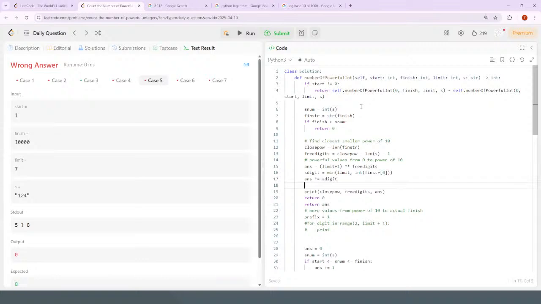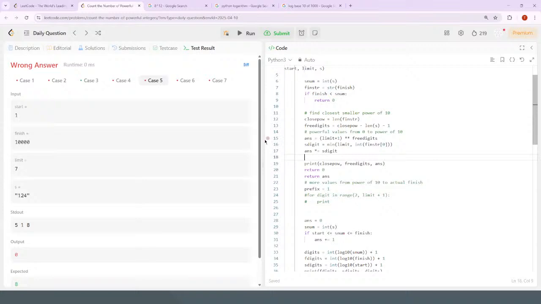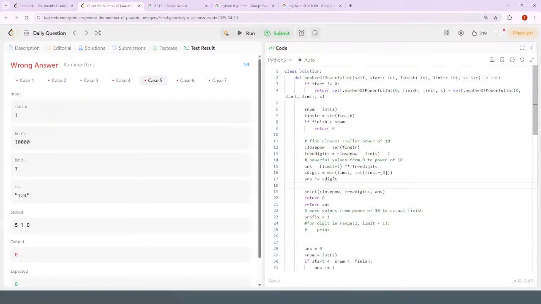And then you need to add onto it all the values between that multiple power of 10 and your finish.